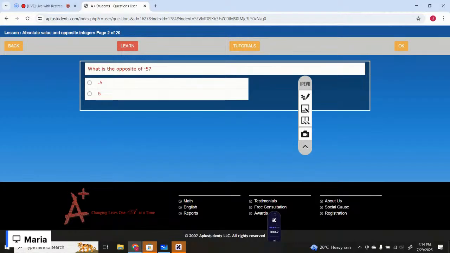Opposite of negative 5 is 5. Option number 2 is the correct option.